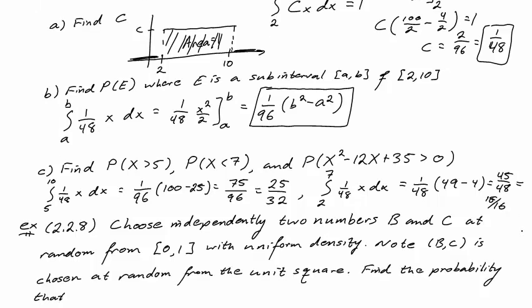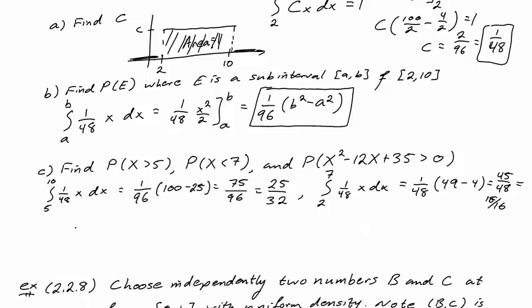And then for the last part, it may seem like an odd sort of probability to ask about, but I can take x squared minus 12x plus 35 and notice that that factors as x minus 5 times x minus 7. So I want that to be greater than 0.